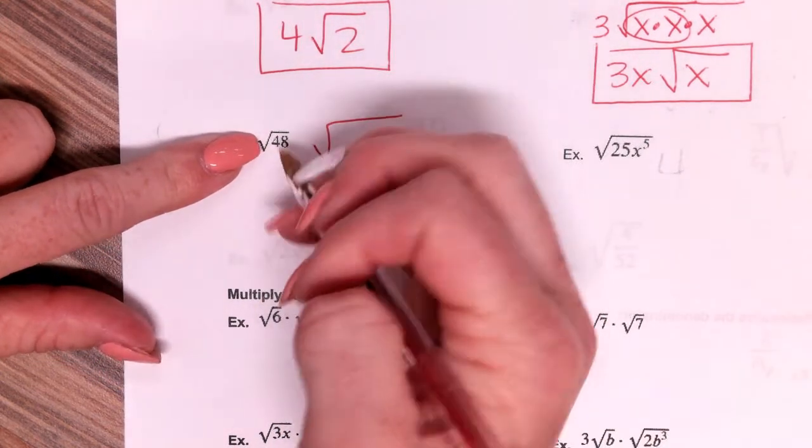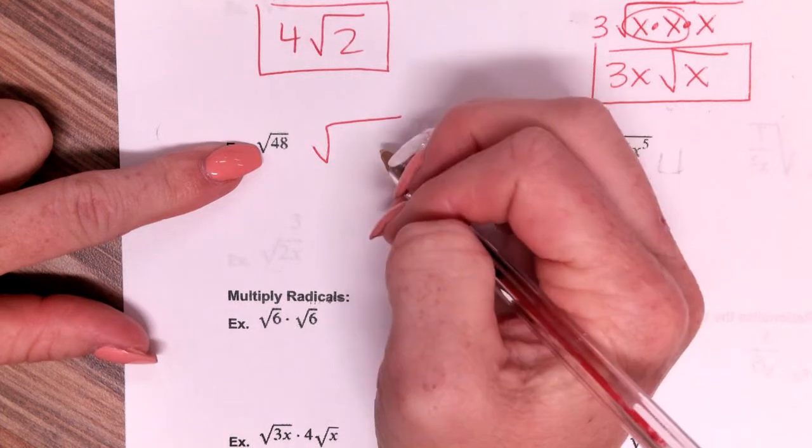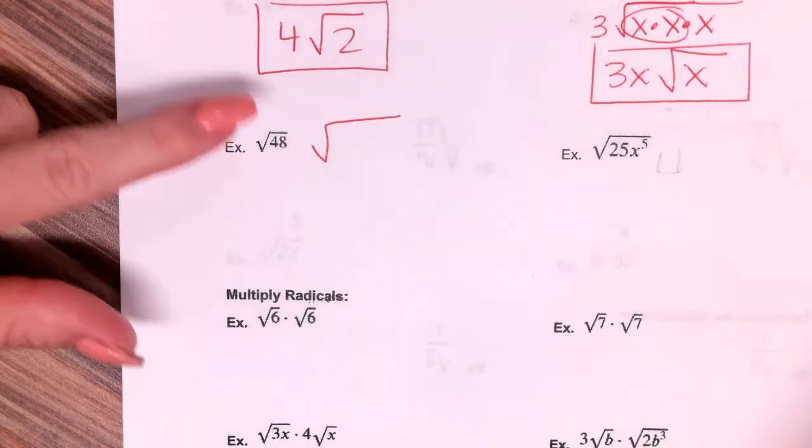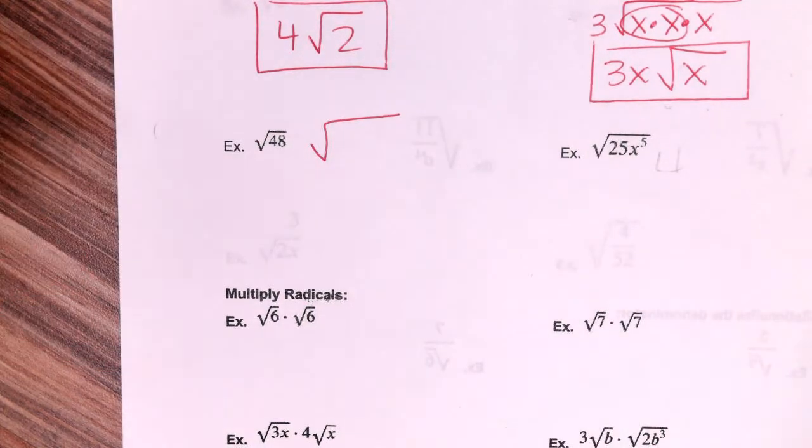All right, look at this one. The square root of 48, but what would multiply? But I'm looking for the biggest perfect square. But 24 is not a perfect square. What are your perfect squares? 4, 9, 16, 25, 36, 49.